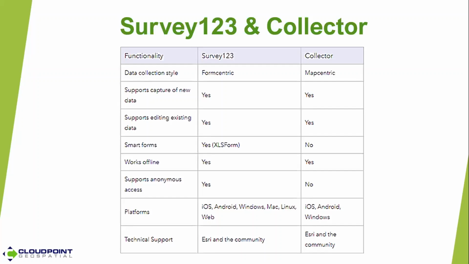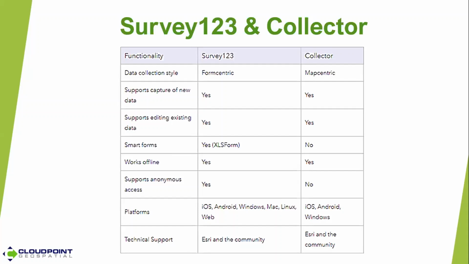They both allow editing of existing data. Smart forms, this is another big difference. Survey123, yes, allows smart forms, and that's exactly what we built using our XLSForms in Survey123 Connect, and Collector does not support the use of smart forms. However, they both work offline.